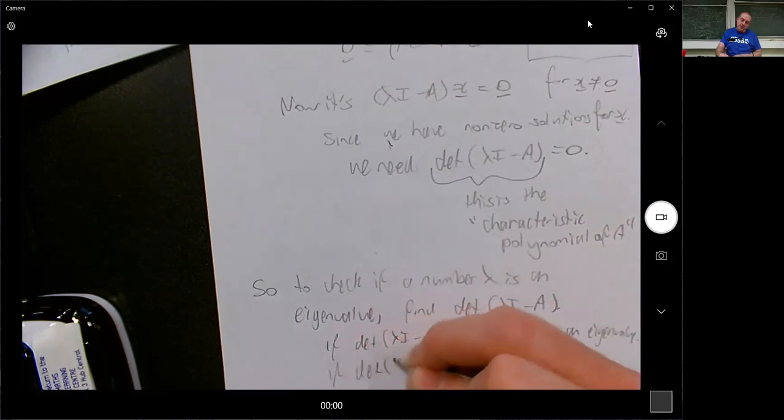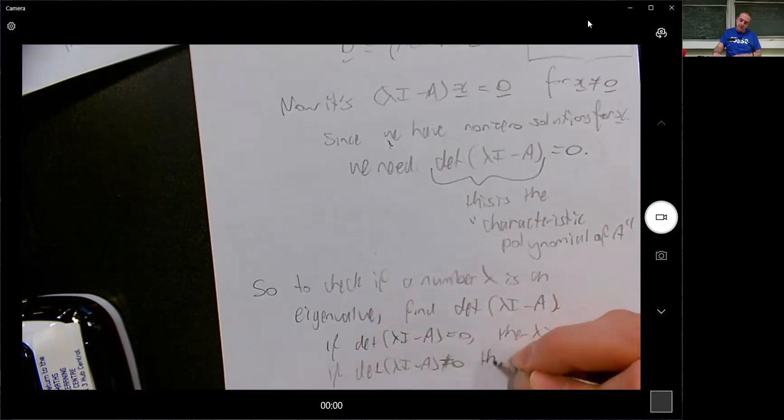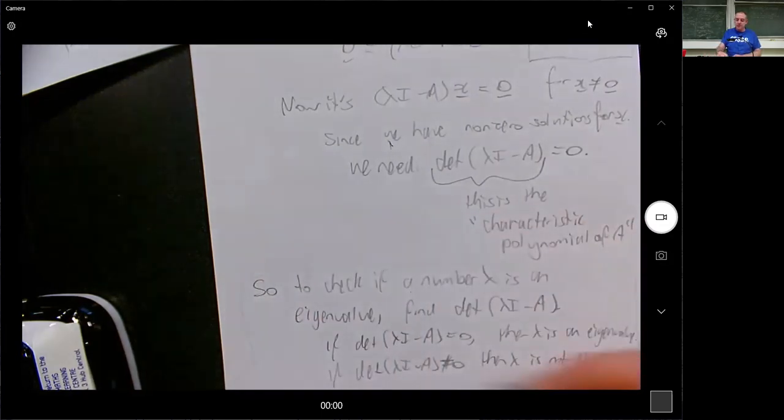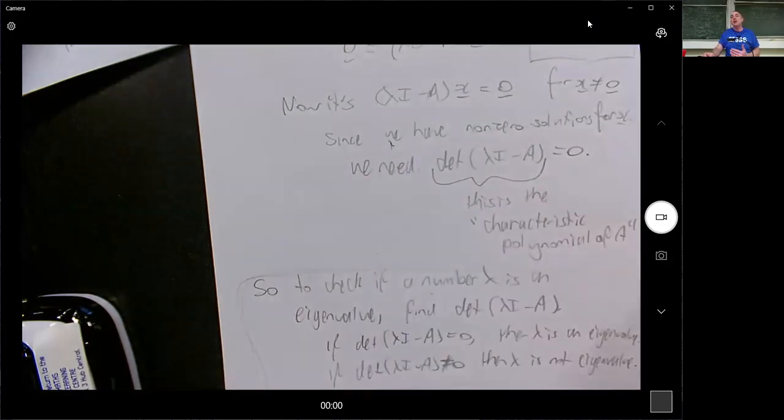And if the determinant of lambda I minus A is not 0, then lambda is not an eigenvalue. It's not very common to do that, but I just wanted to point it out.